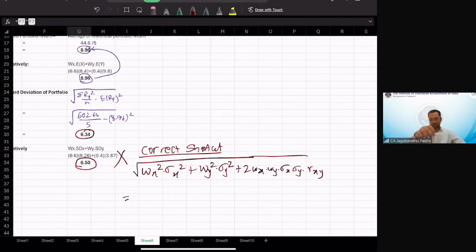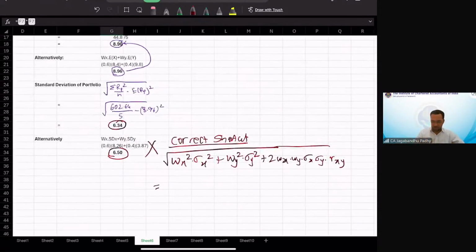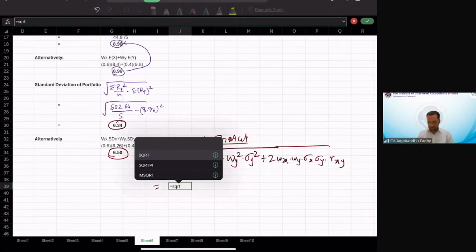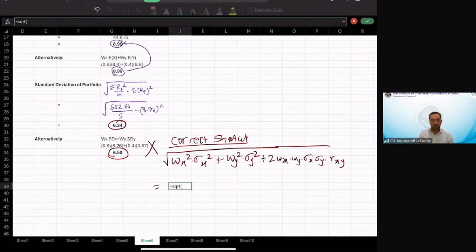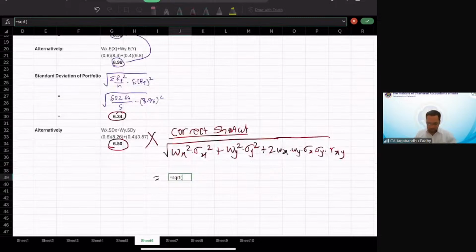So if we just substitute the values, we should be able to get the answer. Take a square root of weight of x square. What was the weightage? 0.6. So it will be 0.6 square multiplied by standard deviation of x square.